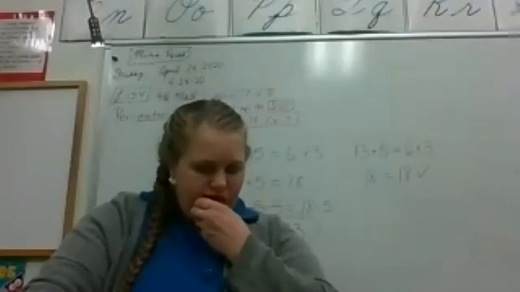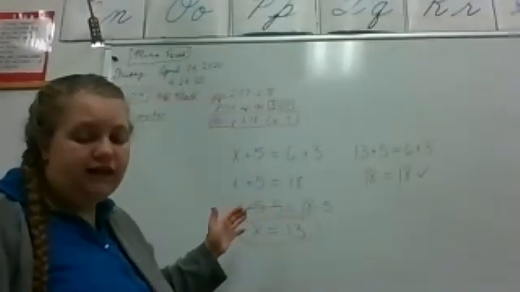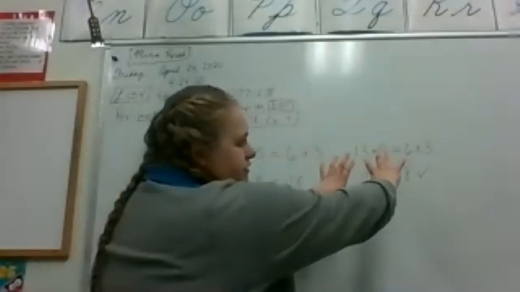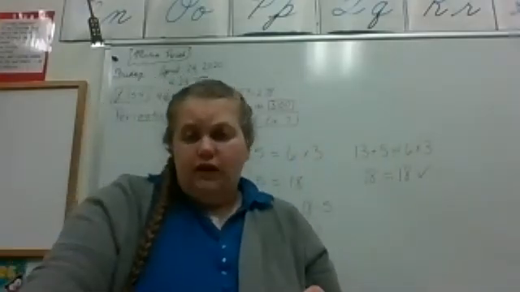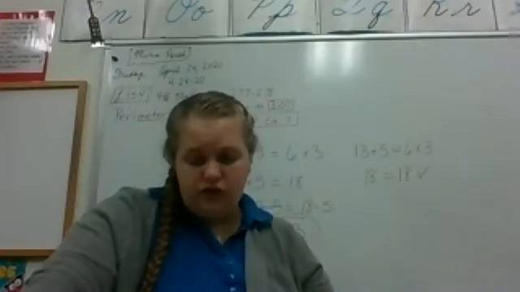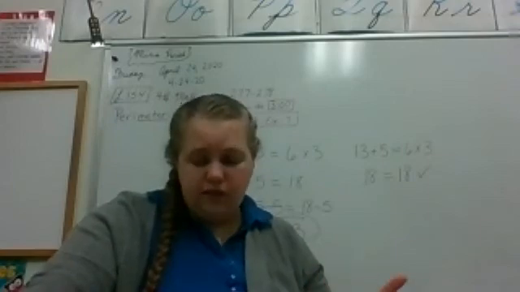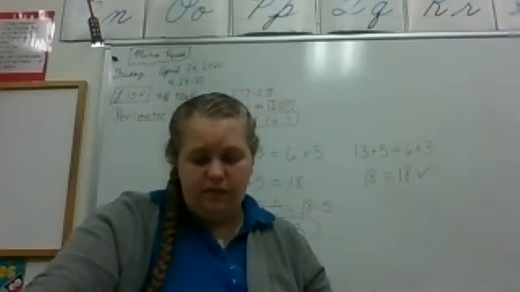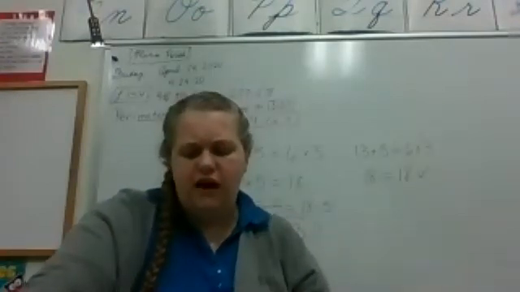But if you can't, you can even try to give yourself space to do it side by side and just do it the same for all of them all the way down. If you're really struggling with that and it's just messing you up to have them so small, smaller than you're used to writing, you can get a piece of paper and write it on there if you're struggling with that part of it. Okay.